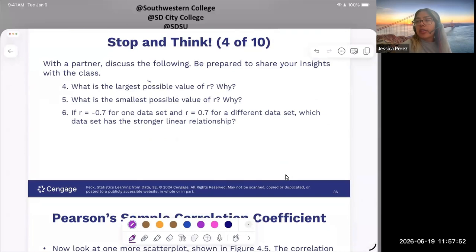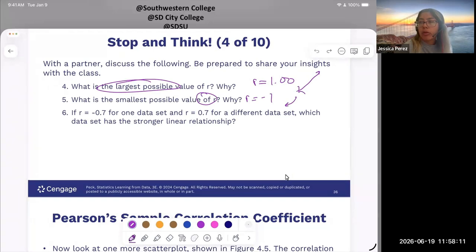So what would be the largest possible value of R? R would be 1, because 1 is the exact positive correlation, a perfect linear correlation. The smallest value of R would have to be -1. Now my graph is going to go downward instead of upward, so you have a negative correlation. If R is negative 0.7 and R is 0.7, which has a stronger linear correlation?